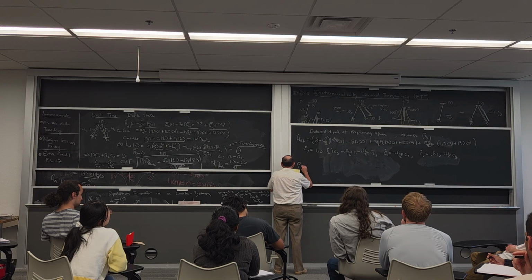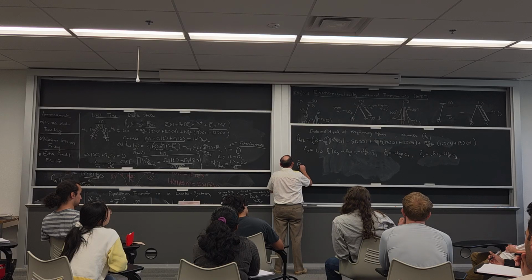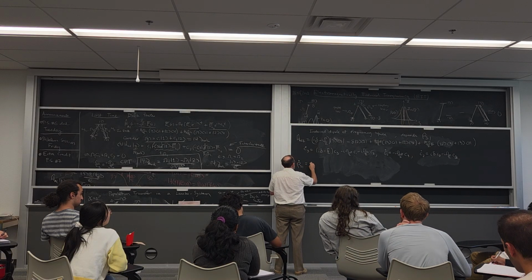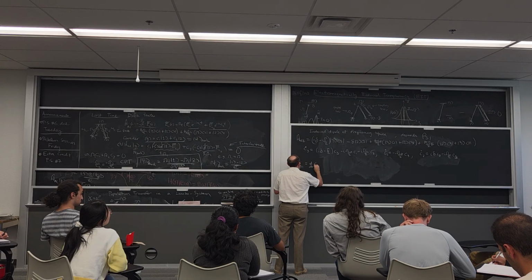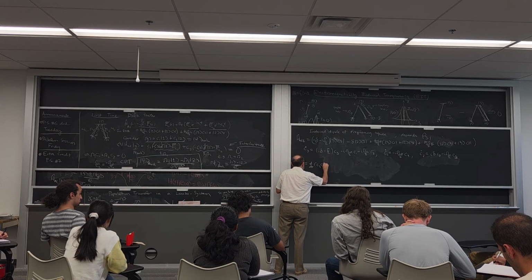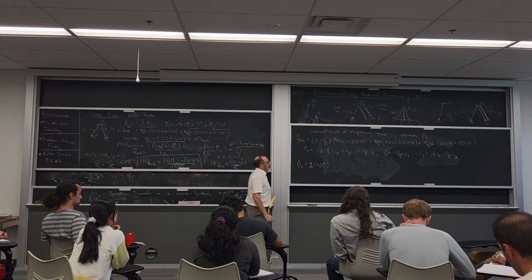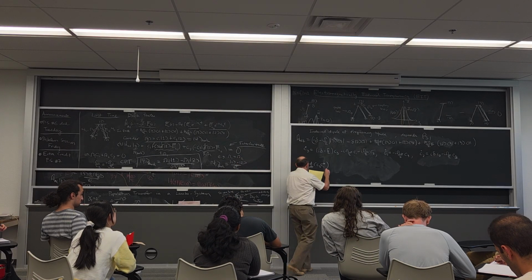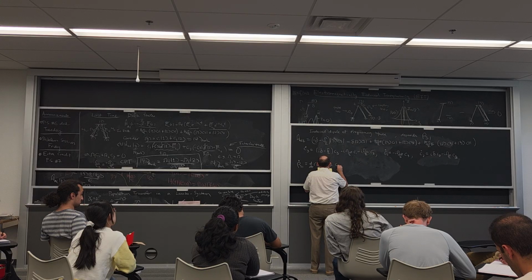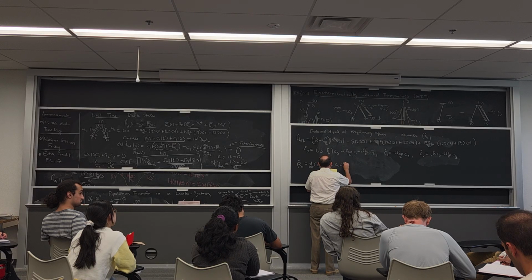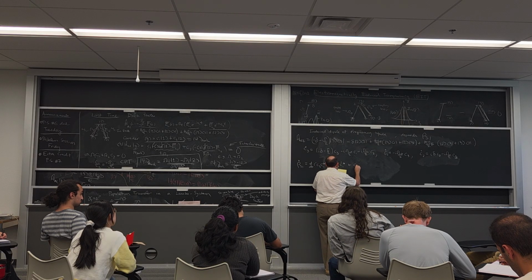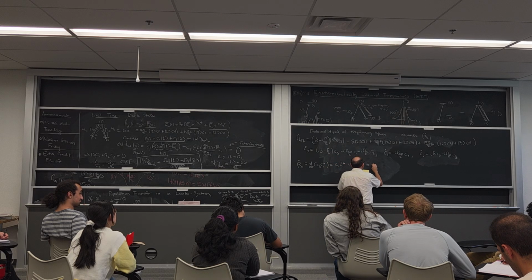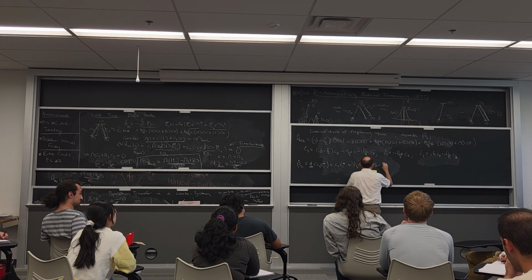So rho 3,1 is the time derivative of that element of the density matrix. So that's equal to C3 C1 star dot plus C3 dot C1 star. The algebra is boring. Let's just get to the answer.